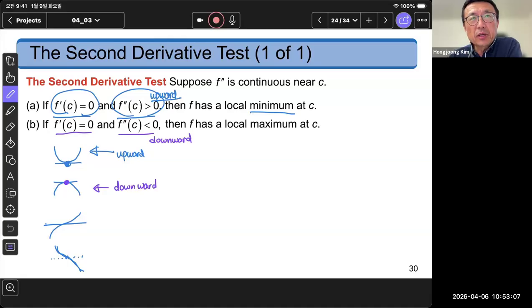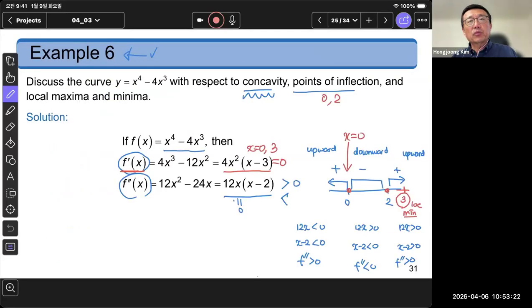The problem here is that f prime at 0 is 0 and f double prime at 0 is also 0. Then what do I have in that case?